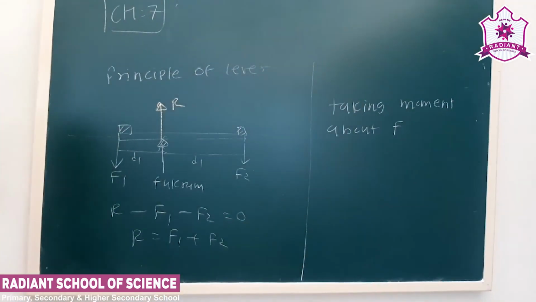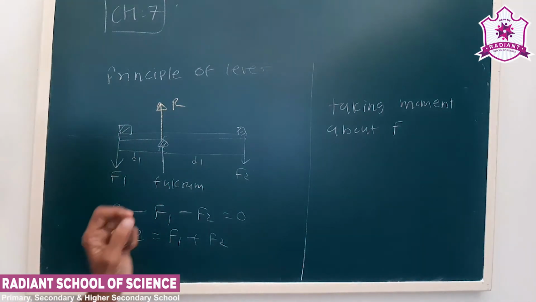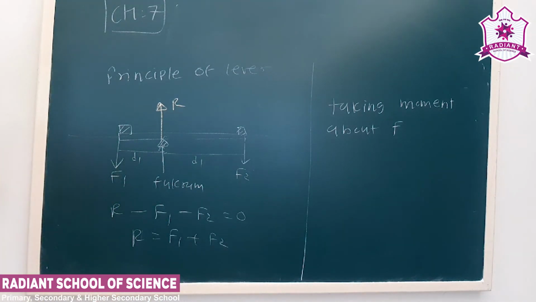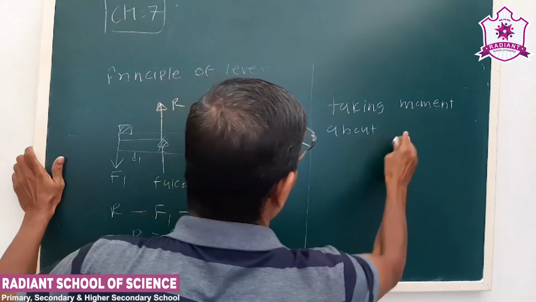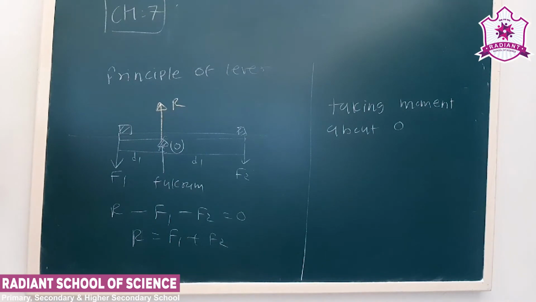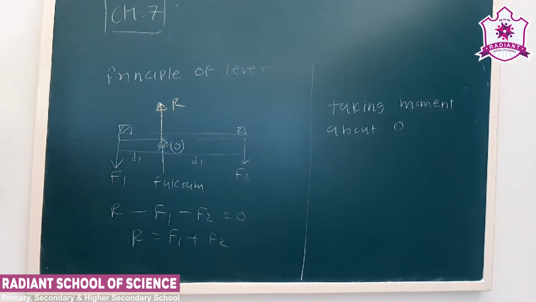So what we understand is that we are calculating torque about fulcrum F. Now you can give any other point O. In that sense, we do not get confused with the forces F1 and F2 here. Now see what we consider. This is a fulcrum.